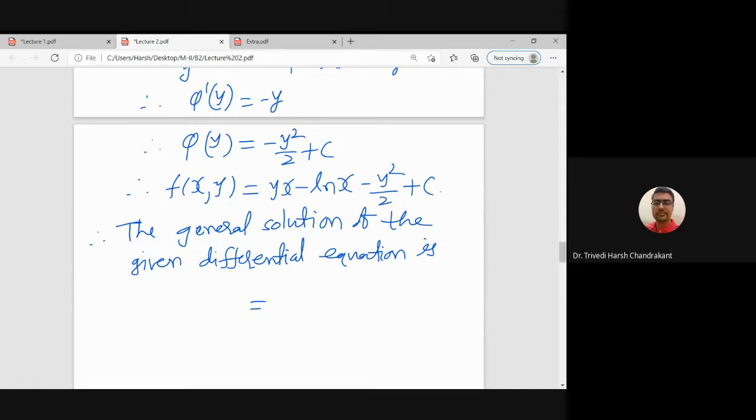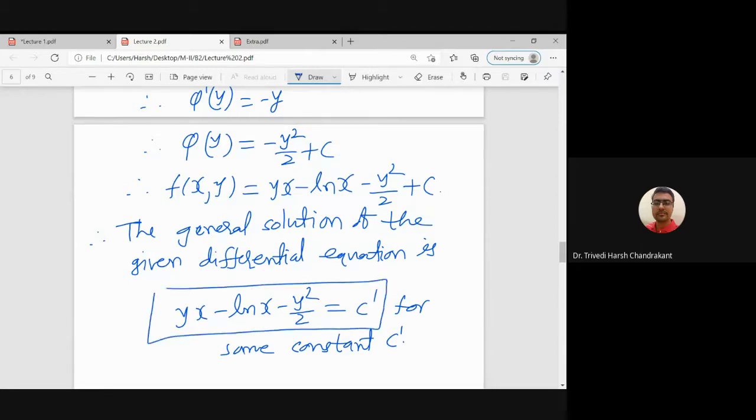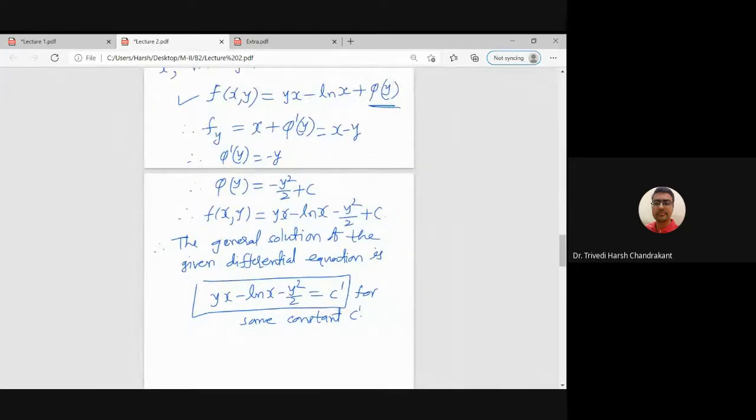So that is yx minus log x minus y square by 2 equals c dash for some constant c dash. So this is the solution which we obtain of the given differential equation using the first method.